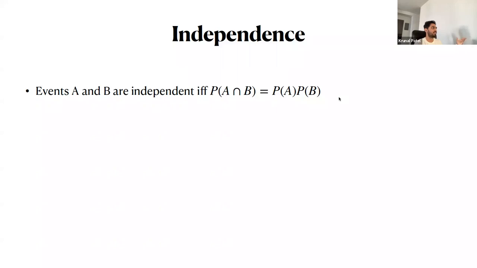If you recall, this was the formula earlier where we had A intersection B on the top. And if we substitute this part, where A intersection B is basically P(A) times P(B), then P(B) will cancel out and we will be left with probability of A. So basically, in other words, probability of A given B is the same as probability of A. It doesn't matter whether B is happening or not, because A is independent from B.